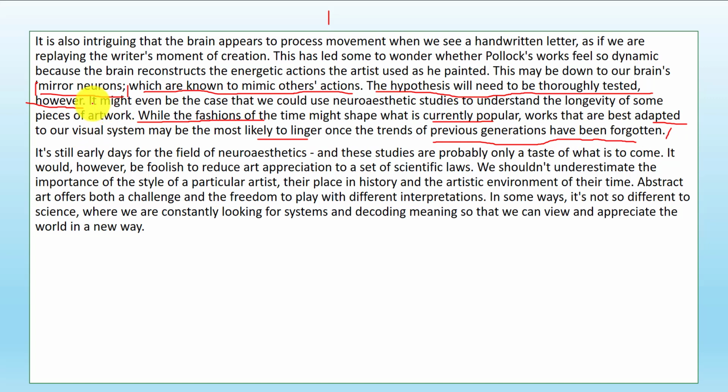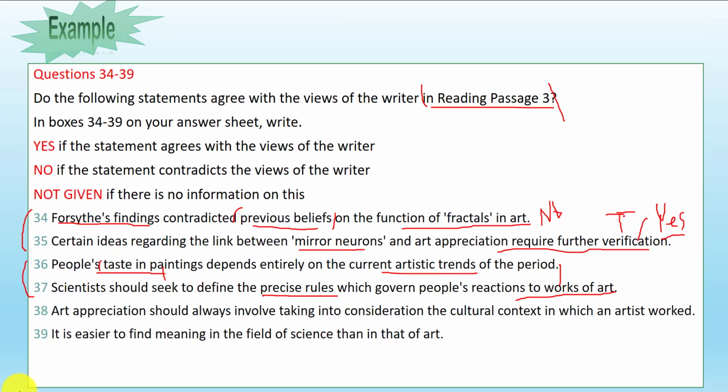Just look here carefully. Now let me read it again. It might even be the case that we could use neurostatic studies to understand the longevity of some pieces of artwork. Now let's go back to our option. I'm going to read it again in order to understand it carefully. People's taste in paintings depends entirely on the current artistic trends of the period.